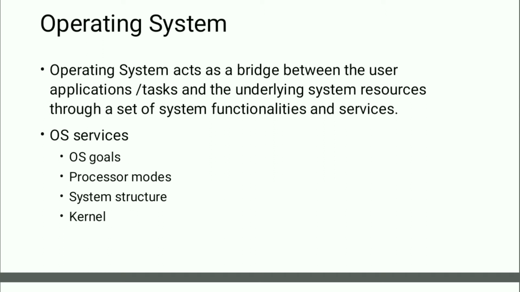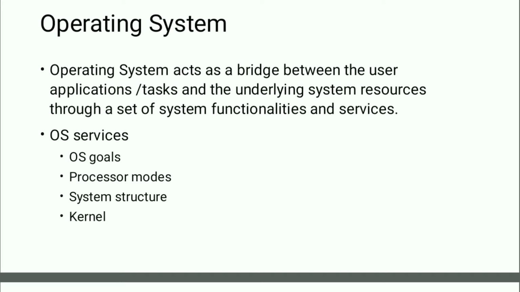So this is the layered model. It comprises the underlying hardware, the hardware OS interface, the OS itself, the application programming interface, and the application software, which is the user application. So this is the layered architecture.